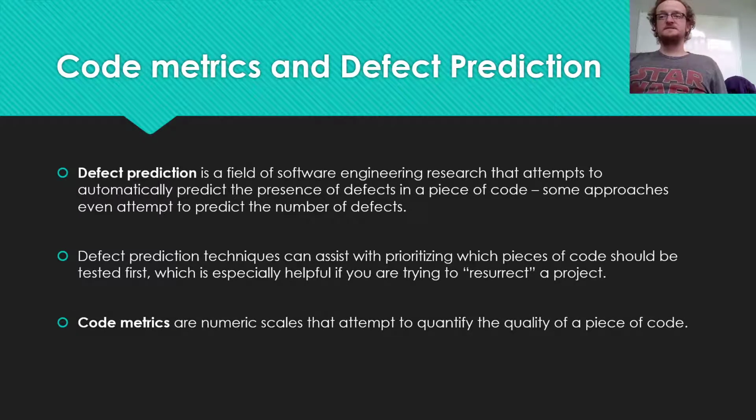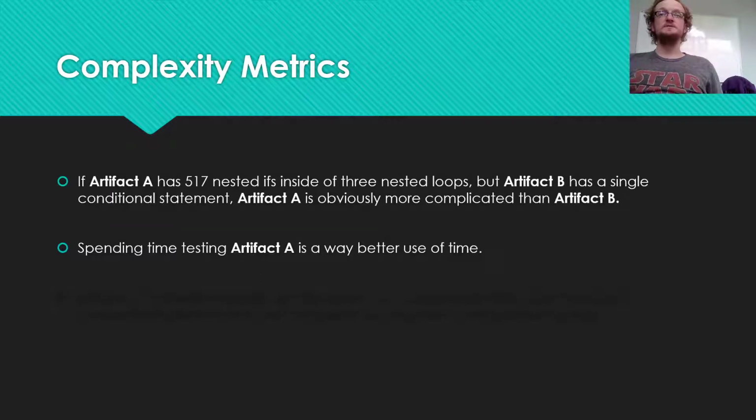So code metrics themselves are quantifiable aspects of code that you can use to determine the relative quality of a piece of code. And what we're going to talk about first is a complexity metric.